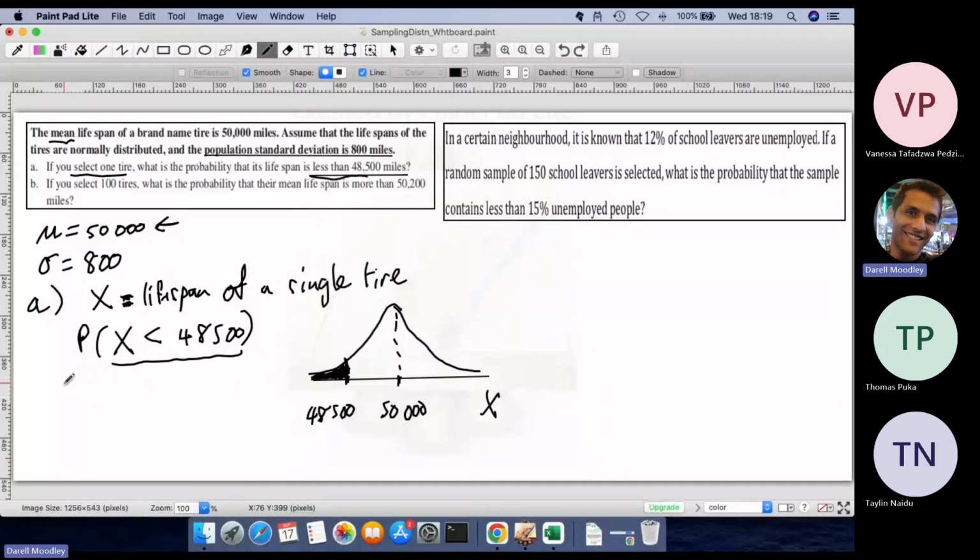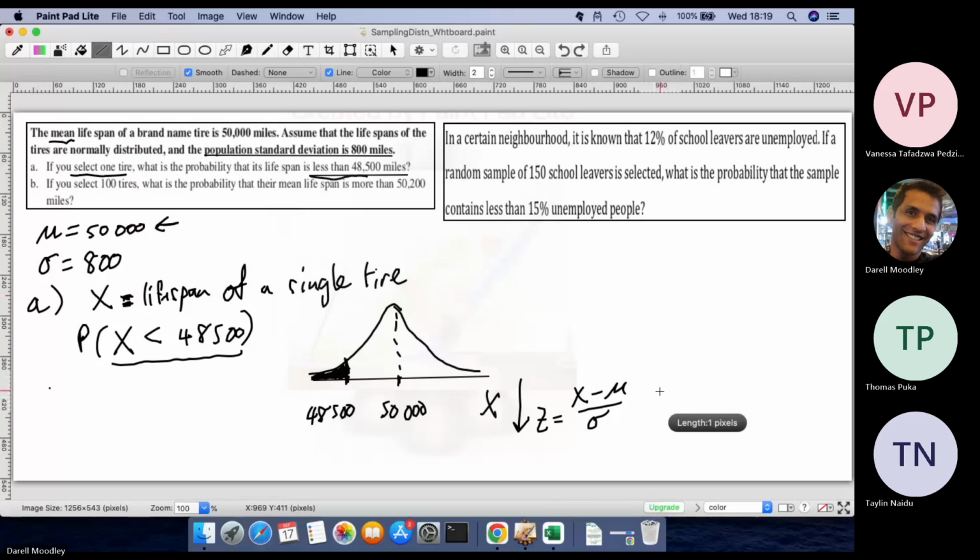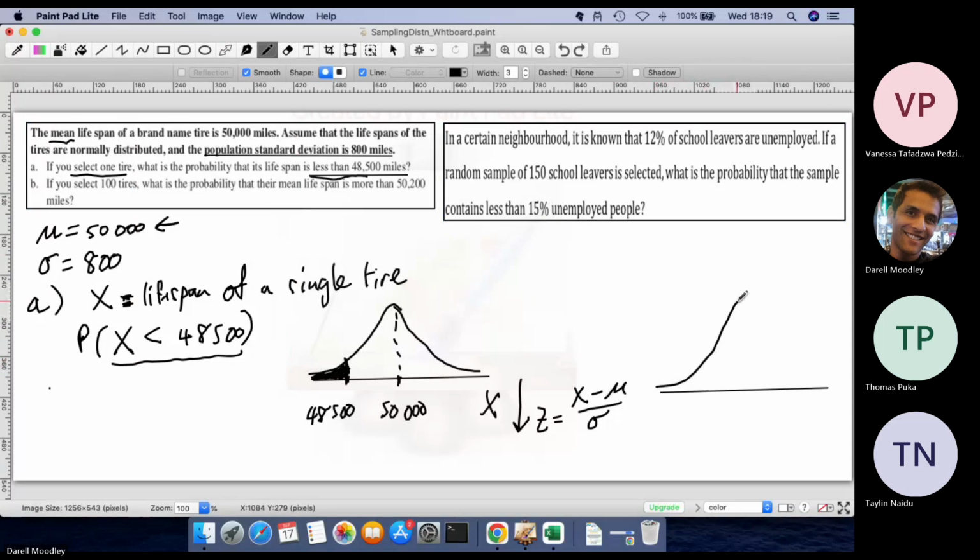So how do we solve this? We convert it to a z value, using the formula z equals x minus mu over sigma, which we did last week. So we're going to convert this to a z curve. Now it's in terms of z, centered at 0.